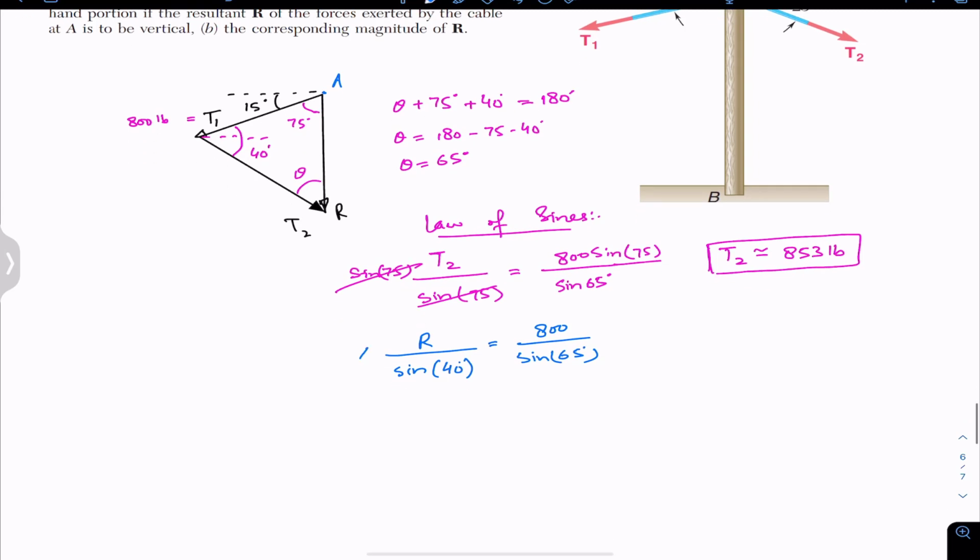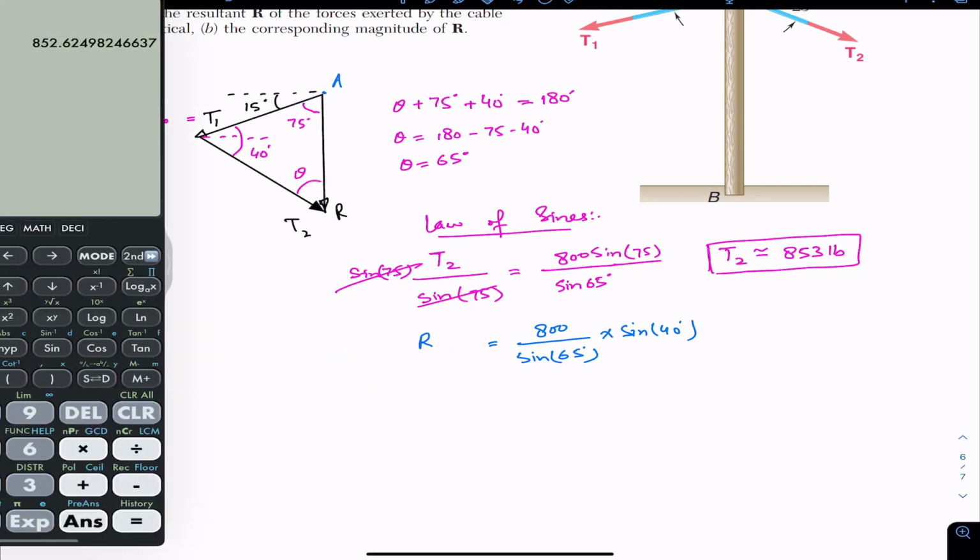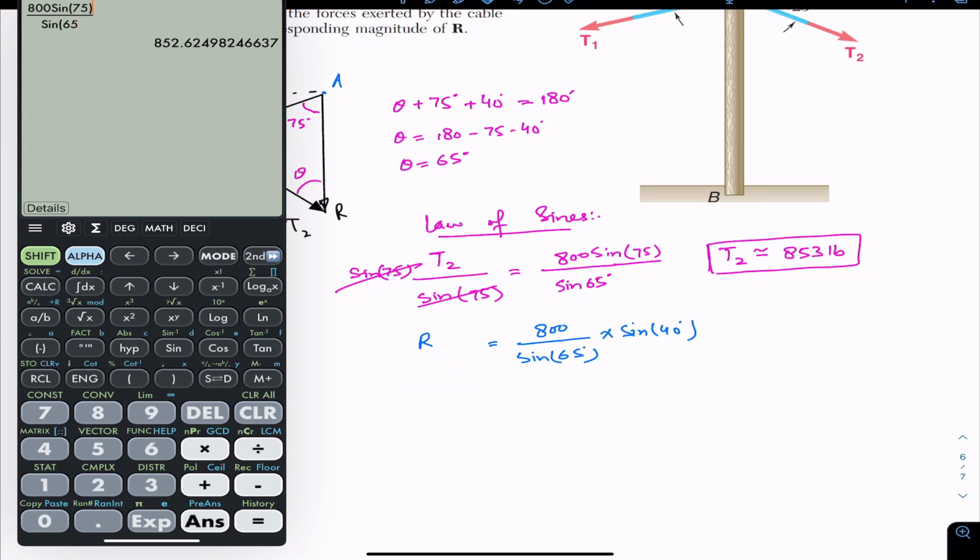Multiplying both sides by sine of 40, we are left with R. So R is 800 times sine of 40 divided by sine of 65, which is approximately 567 pounds.